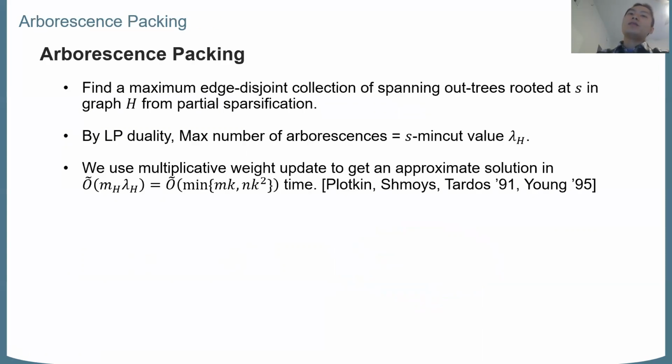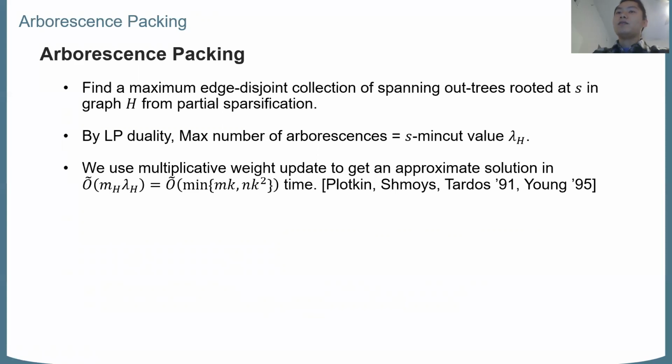Next, in arborescence packing, we find a maximum edge disjoint collection of spanning out-trees rooted at S. And we will do this in the graph H from the prior sparsification. We know from linear programming duality that the maximum number of arborescences we can pack is equal to the value of the minimum S cut, lambda H. And we also know that using multiplicative weight update, we can get an approximate solution of the arborescence packing problem.